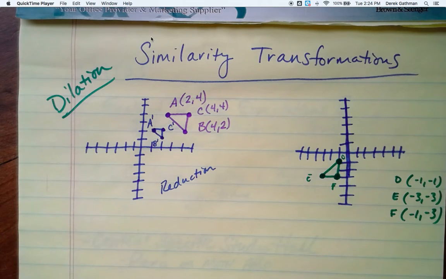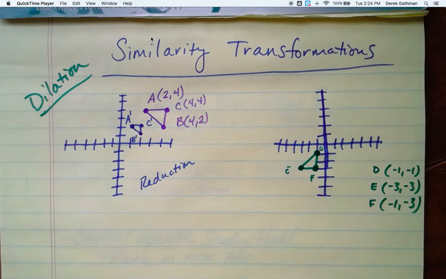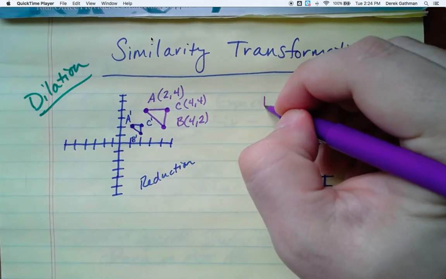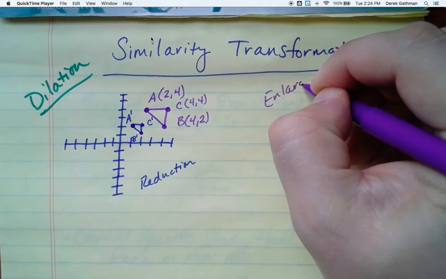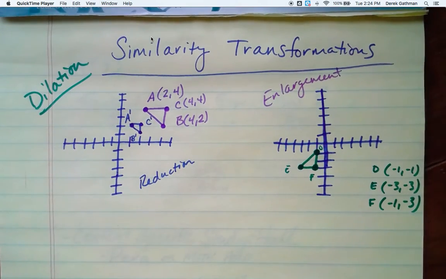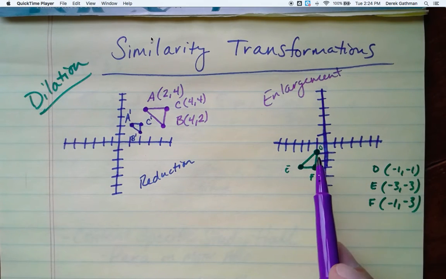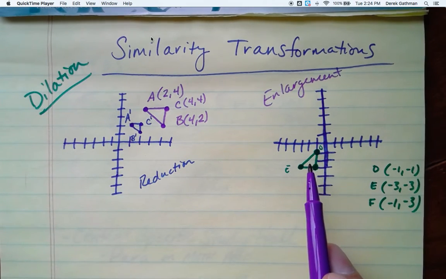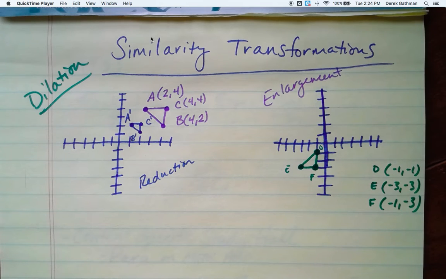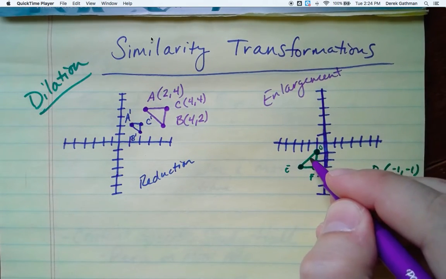The other type of dilation would be an enlargement. And so an enlargement would be like if I were to double everything. So I've got triangle DEF here. If I were to have an enlargement and I double everything, D would be -2, -2.